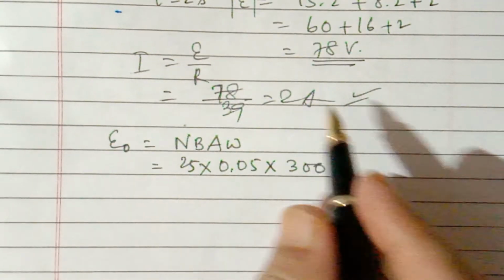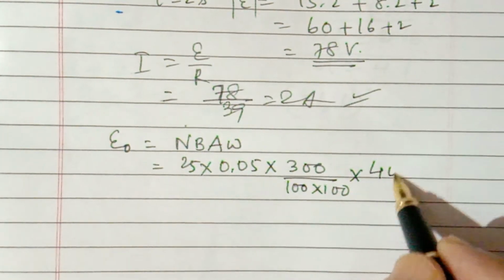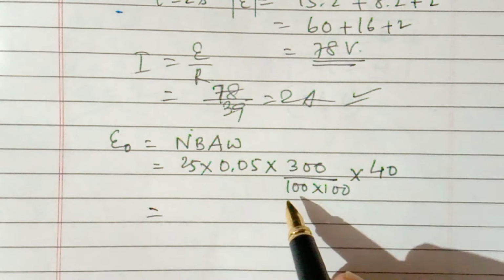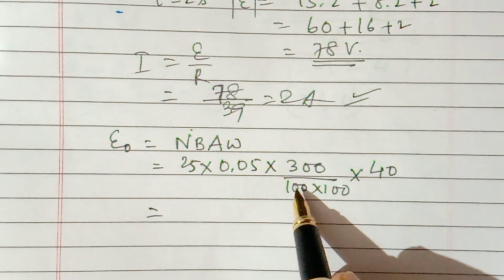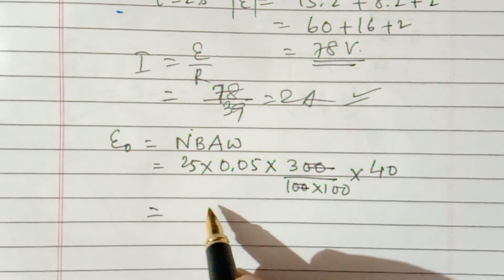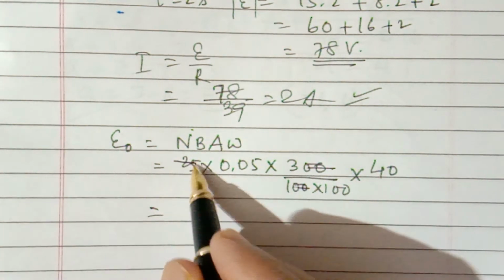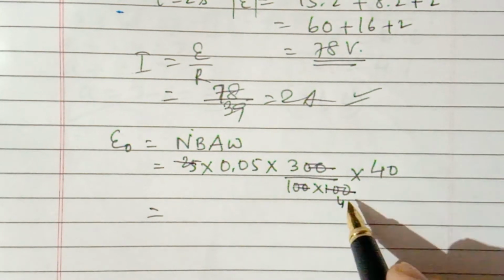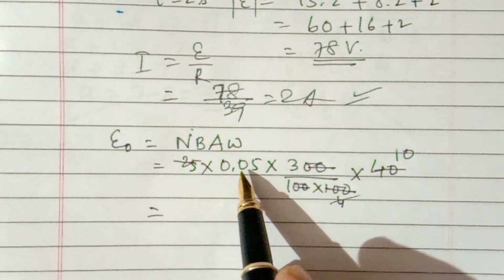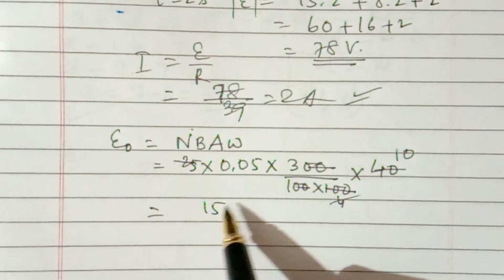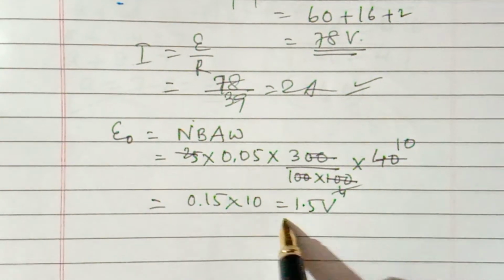What you can do is change 300 into meter square, and omega is 40 in SI unit. So you solve this, you will get 0.15 into 10, so 1.5 volt.